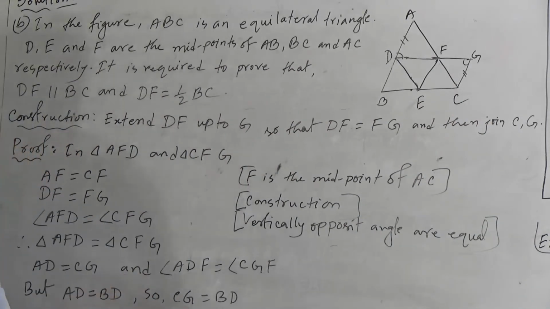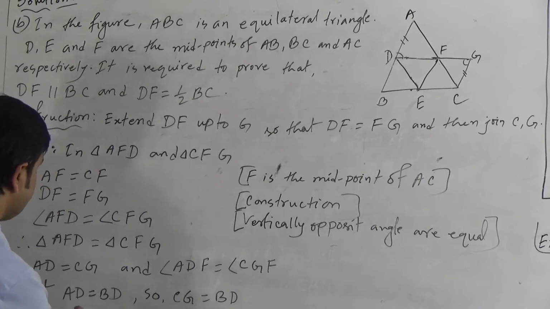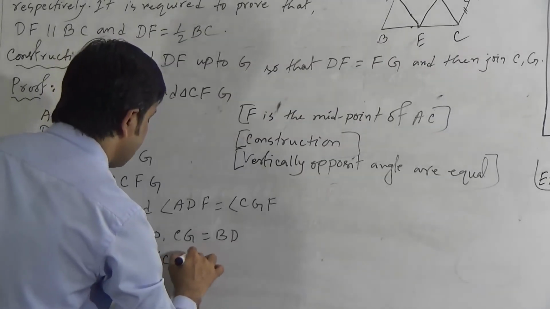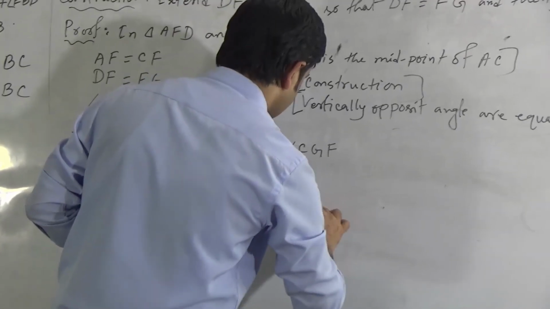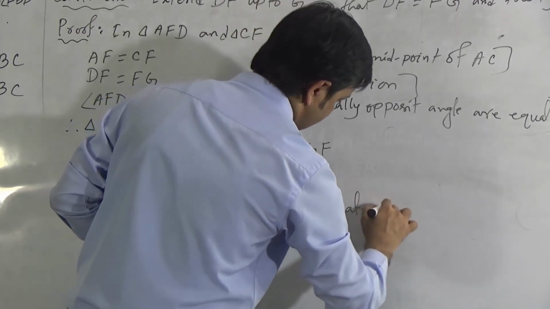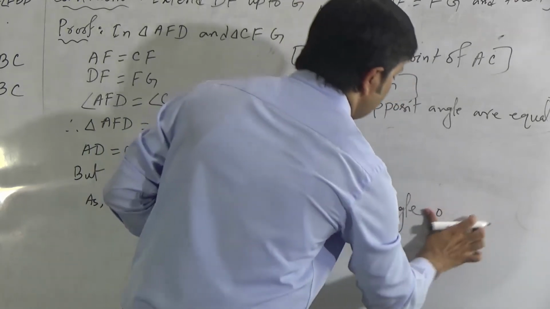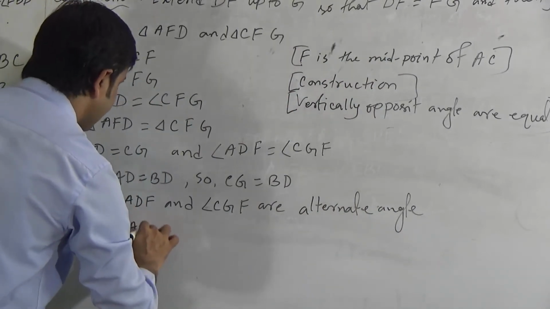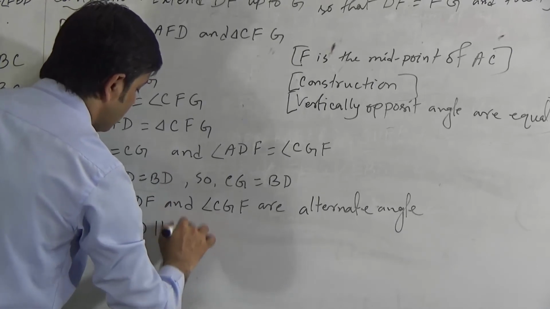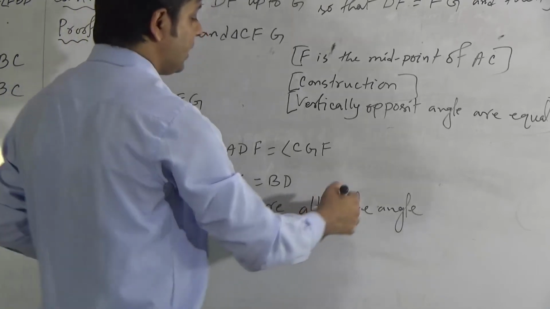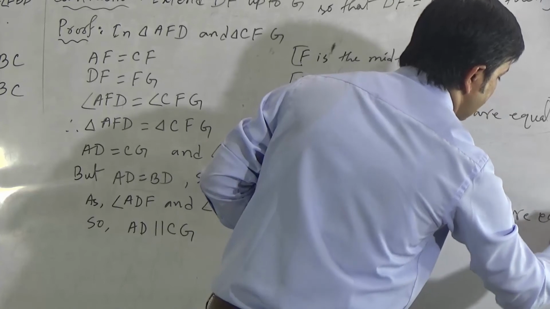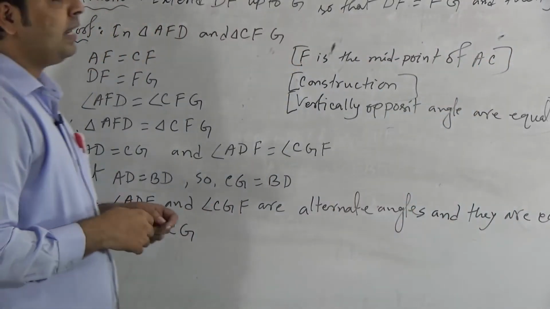As angle ADF and angle CGF are alternate angles, they are equal, and as alternate angles are equal, the lines will be parallel.